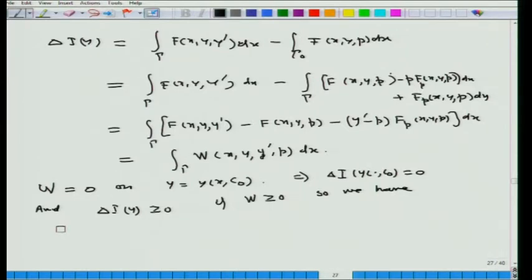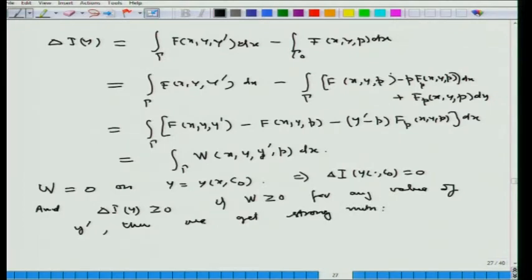Or let us write it: if w is greater than 0 for any value of y prime, then we get a strong minimum, because here y does not depend on y prime.